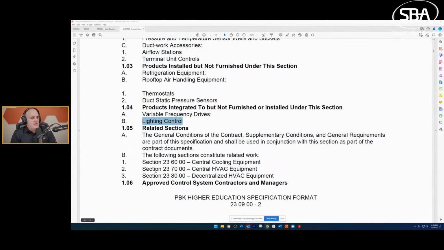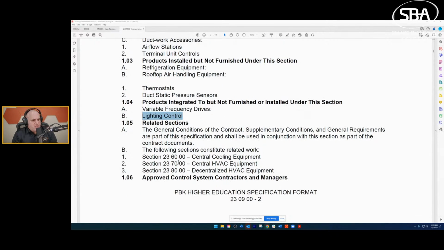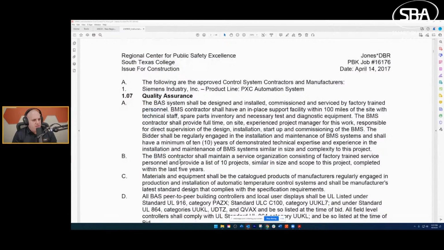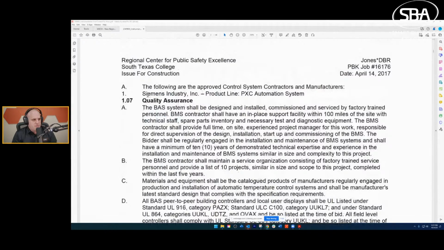Let's continue. I already talked about related sections. Approved system contractors. We see this one, Siemens. This is where, if you really wanted this work, you would submit an alternate, like for like. This would not be an add alternate.